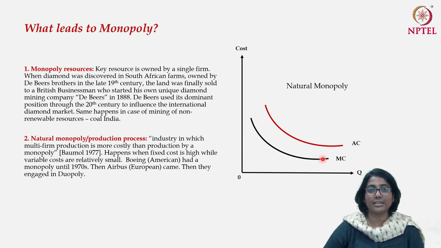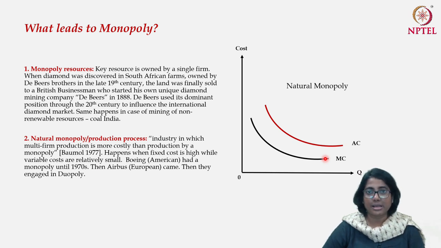So you are at this stage, whereas the new entrant will start from here. So this new entrant will stand nowhere in competition with respect to the existing firm. So therefore, everybody other than the existing firm will be driven out of the market from the competition as a supplier. So this is generally called the natural monopoly.